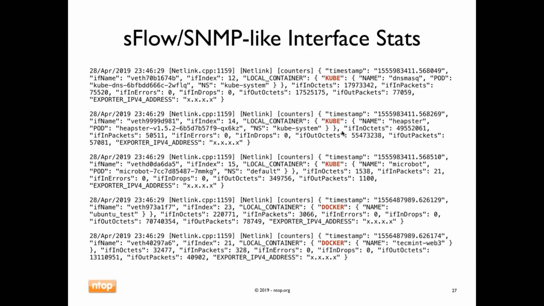In addition to that, through Netlink, we can provide information that is similar to what sFlow or SNMP counter information provides, with the exception that in our case, we not only provide you, let's say, interface errors or octets in and octets out, but we also provide context.